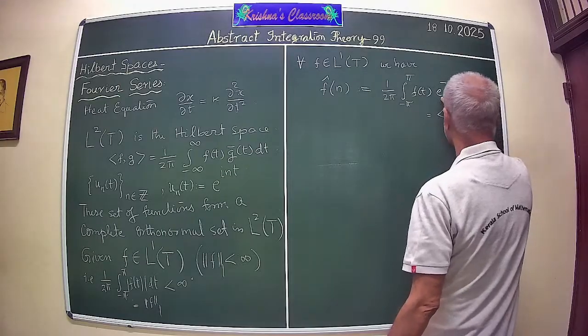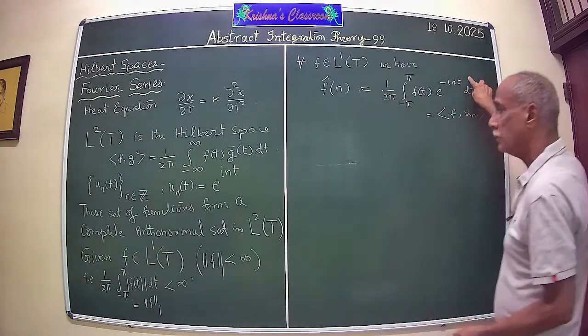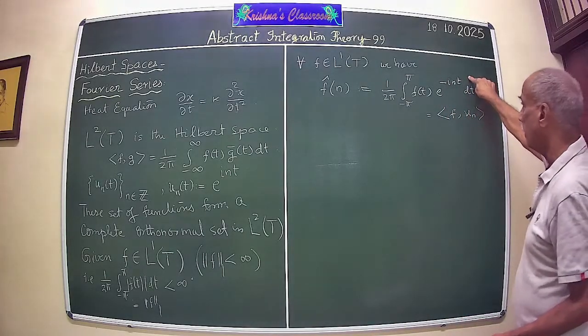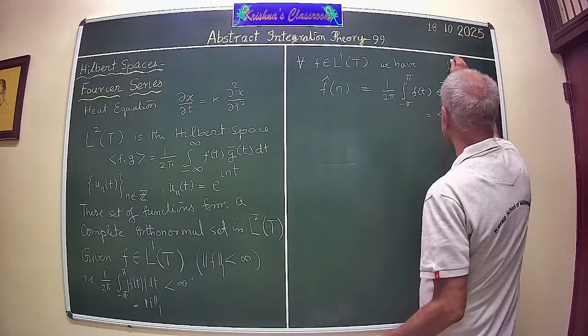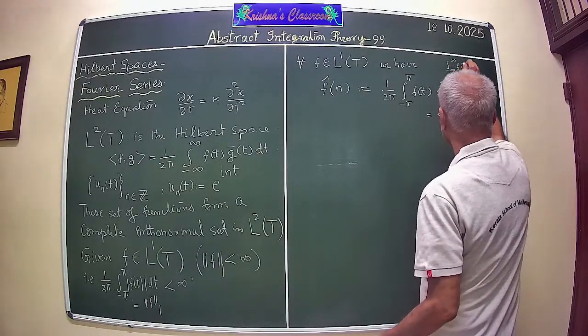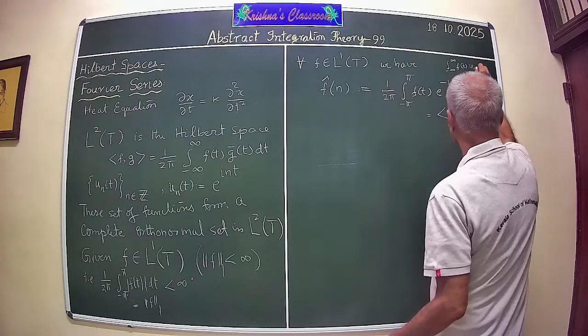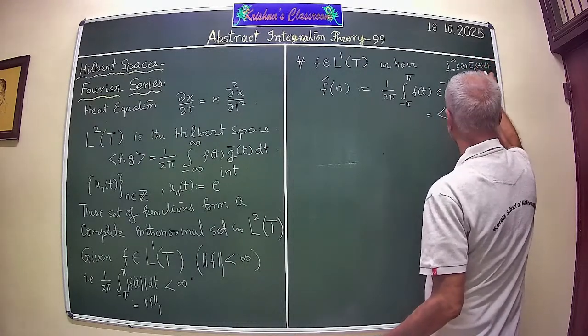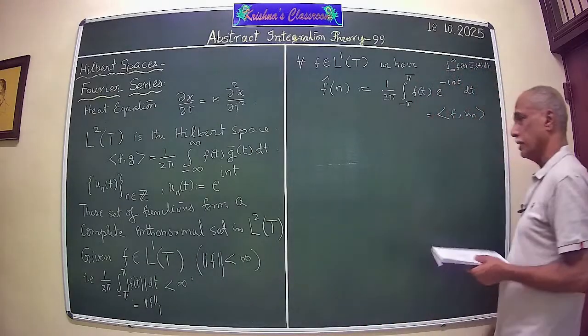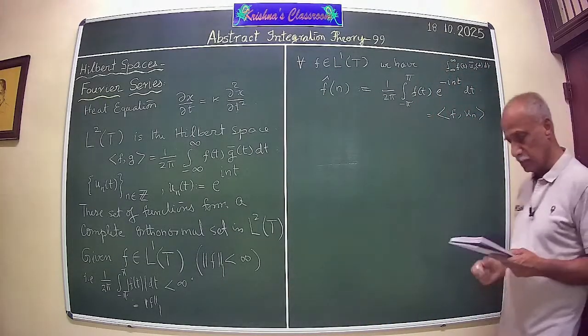And you see that e to the power minus int comes by taking the relation that this is integral minus infinity to plus infinity f(t) un conjugate t dt, where un conjugate is e to the power minus int. That is how it comes.